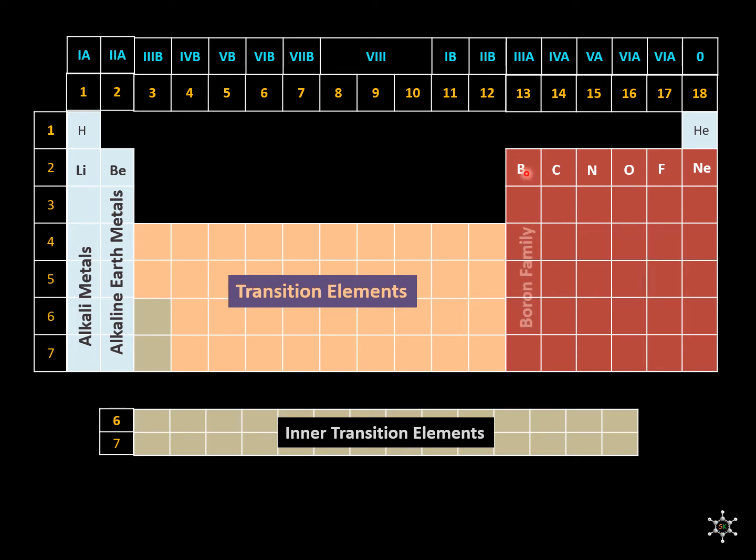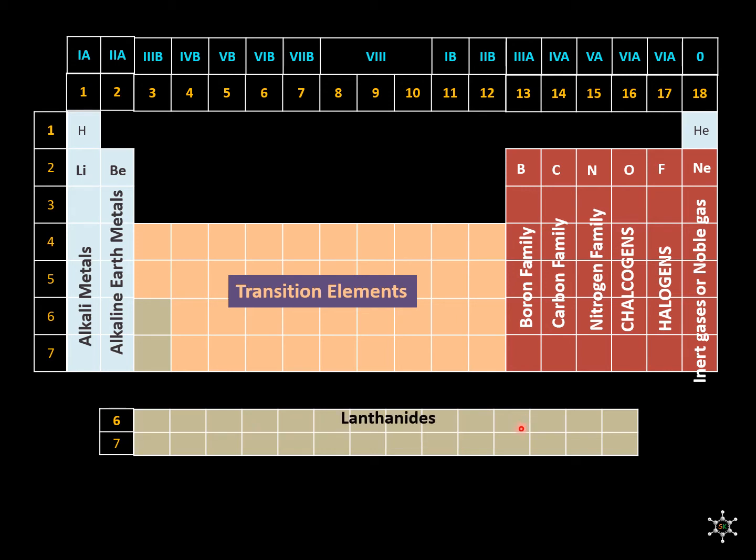This is called the boron family, carbon family, nitrogen family, the oxygen family is called chalcogens, the fluorine family is called halogens, and the helium or neon family is called noble gases or inert gases. Coming to the inner transition elements, sixth period inner transition elements are called lanthanides. Seventh period inner transition elements are called actinides.